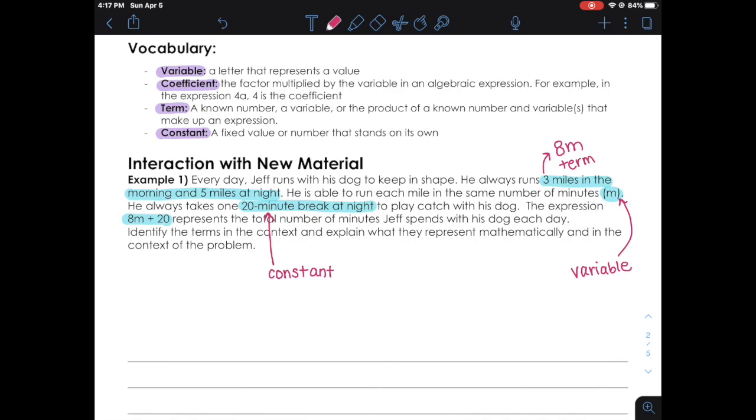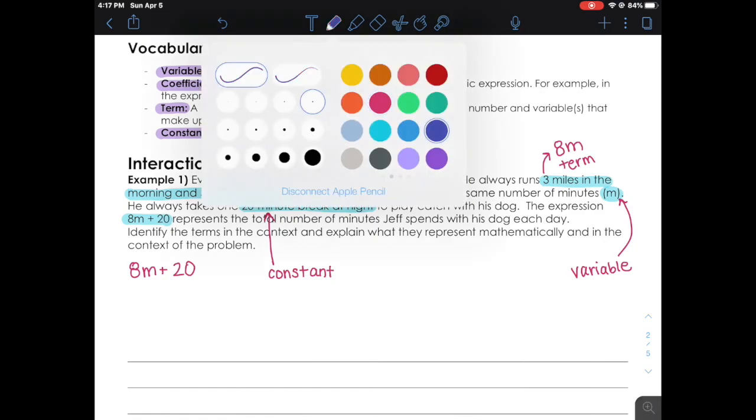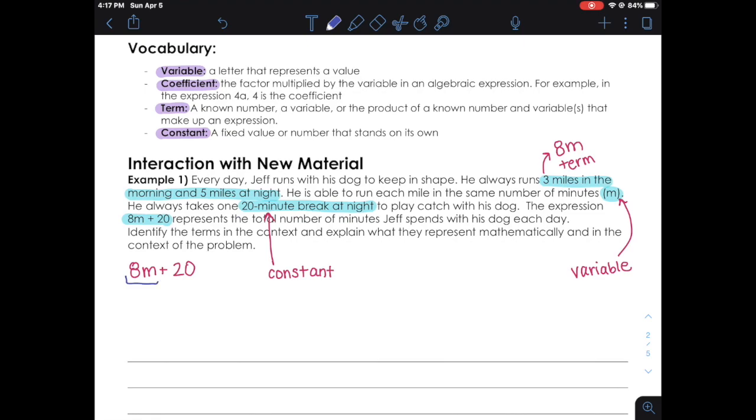Then looking at our actual expression, 8M plus 20, we have 2 different terms. We have 1 term and 2 terms. So there's 2 terms. Okay, what vocabulary word are we missing? Let's see, we've got variable. Do we have coefficient? No, we don't, but we can figure that out.